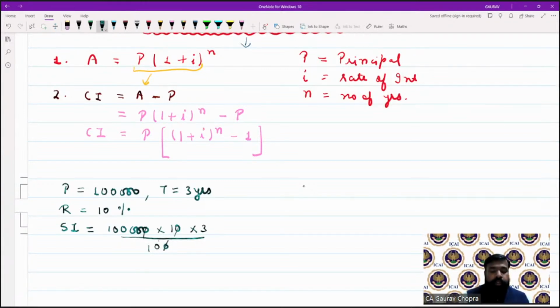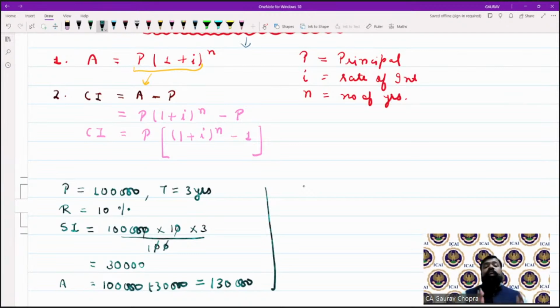We are getting simple interest as 30,000. The amount is equal to principal plus simple interest, that is 1 lakh plus 30,000. The total will be 1 lakh 30,000. It was simple interest, which we had covered in the previous session.